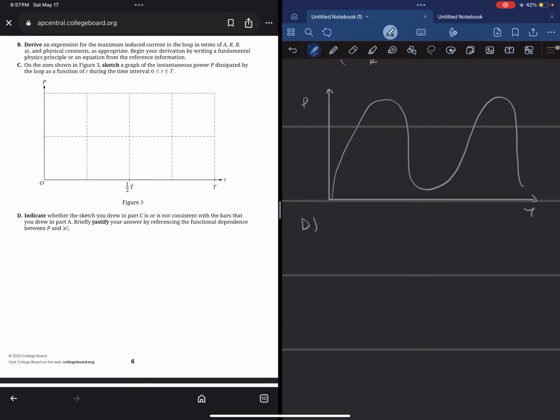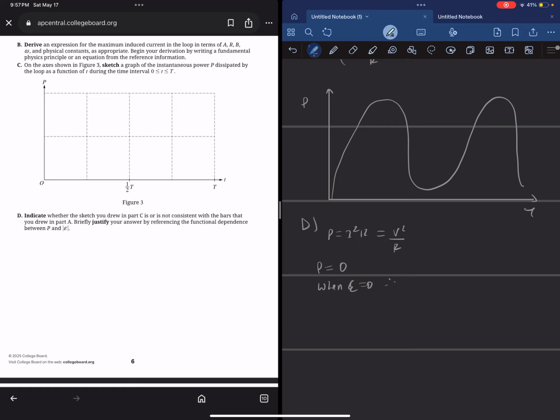How do we define this? Power equals I squared R, which also equals V squared over R. Because both of these equations are related, power equals 0 when your EMF equals 0.